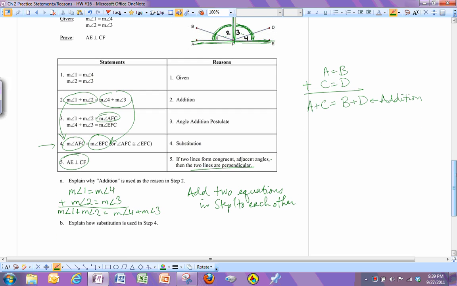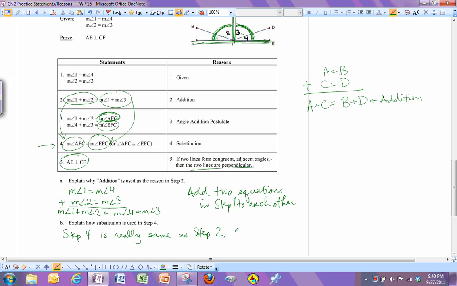The other one says, explain how substitution is used in step 4. Well, step 4 is really the same as step 2. But what we're doing is we're taking the terms in step 2, using them with 3 to figure out what we can replace them with, and then in step 4 we actually replace them.